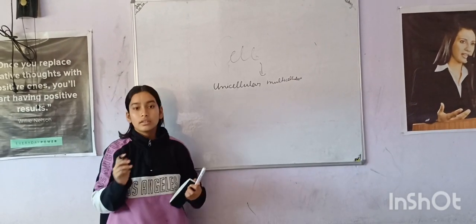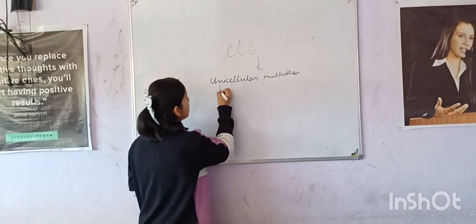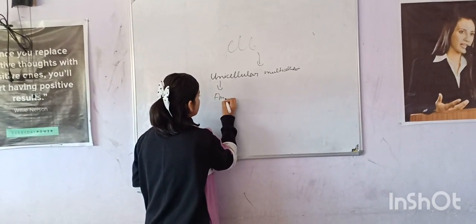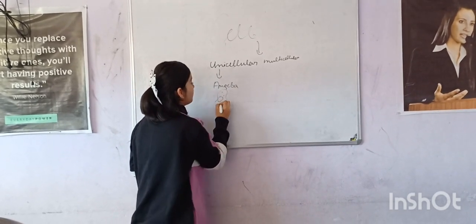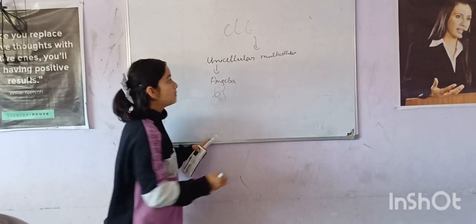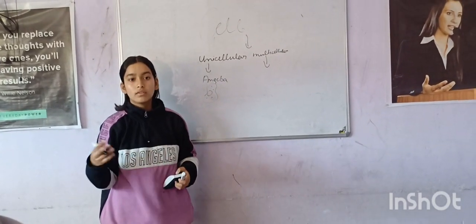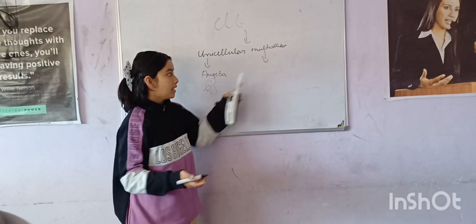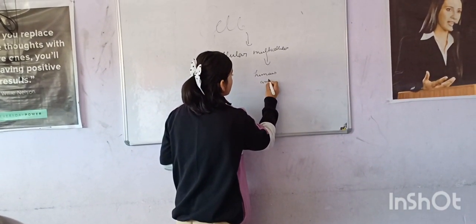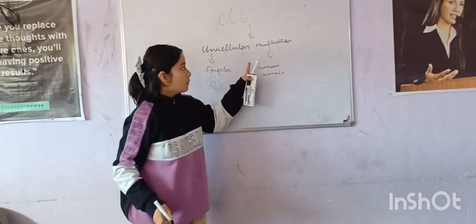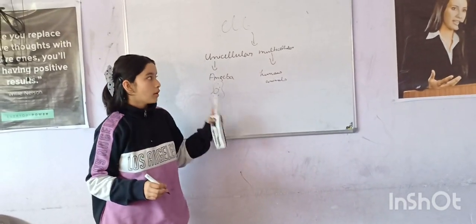Unicellular means living organisms which consist of only one cell, and an amoeba is an example of a unicellular organism. Multicellular means living organisms which consist of more than one cell. We humans and animals are examples of multicellular organisms, and these are the two types of organisms, unicellular and multicellular.